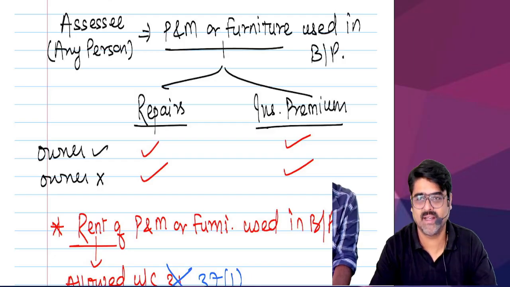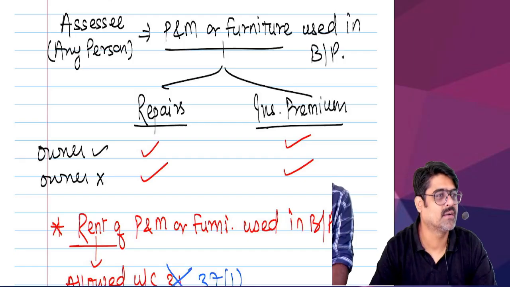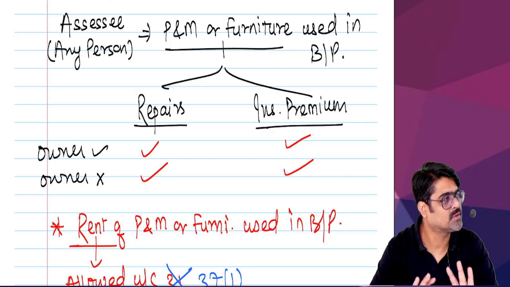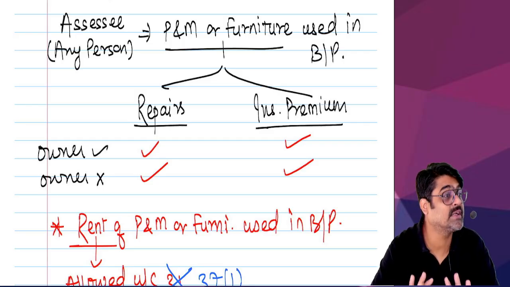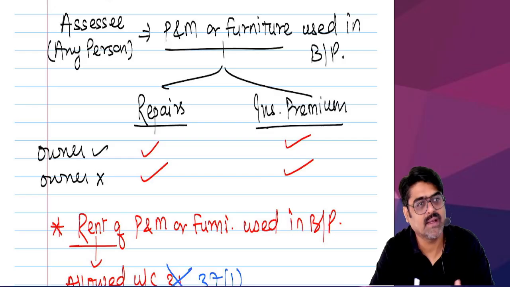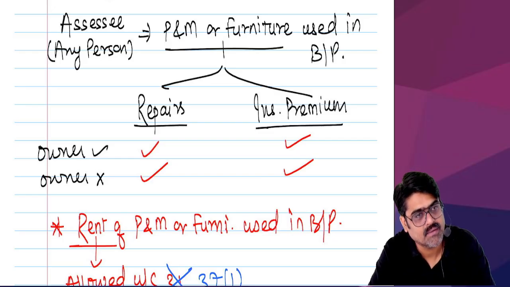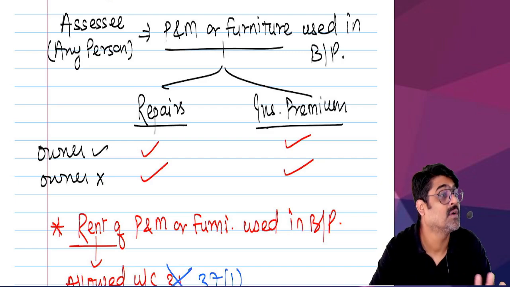See, machinery in my factory is working on a continuous basis. So what I did, for some time I stopped the machine and replaced the small spare parts, etc., so that the machine can run smoothly. So I incur expenditure on that repair to keep the machine in its working condition.